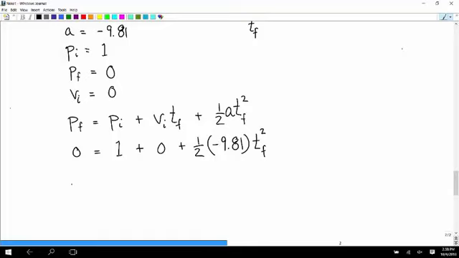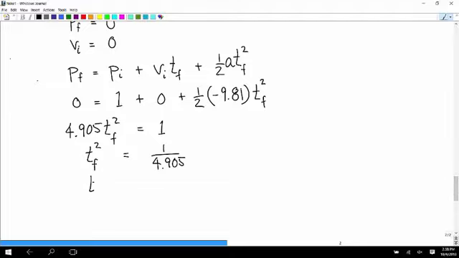You can add that to both sides and you get 4.905 TF squared is equal to 1. So TF squared is equal to 1 divided by 4.905. Take the square root and you get TF is equal to plus or minus 0.455 seconds.